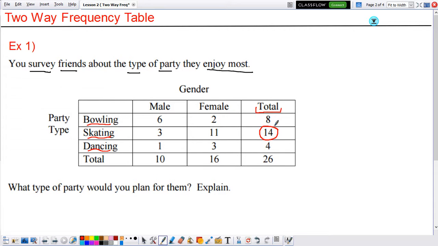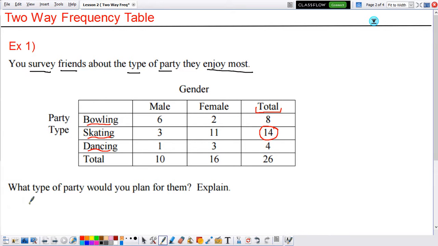Here we see that 14 is the higher number when it comes to either bowling, skating, or dancing. So that means that if you plan a skating party, you will hit most of the majority of the students who were asked in this survey, because there was a total of 14 students who answered skating as their favorite party. So if you want to answer this question, what type of party will you plan for them?